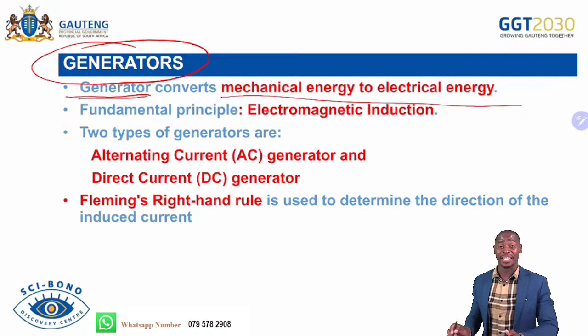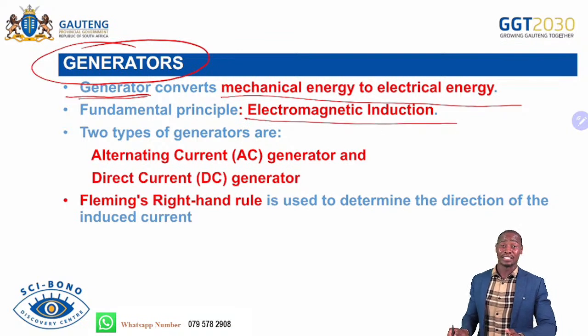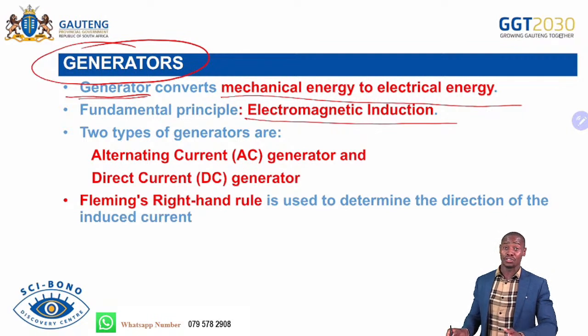Generators are based on electromagnetic induction. How do generators generate electricity? As long as there's relative motion between the coil and the magnetic field, EMF will be induced, or current will be induced in that coil.